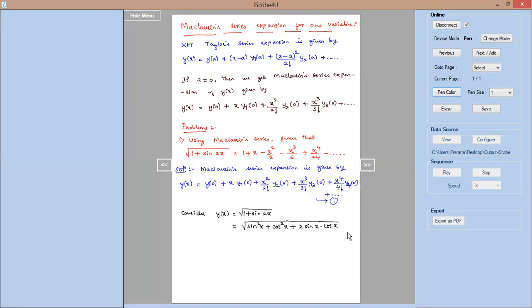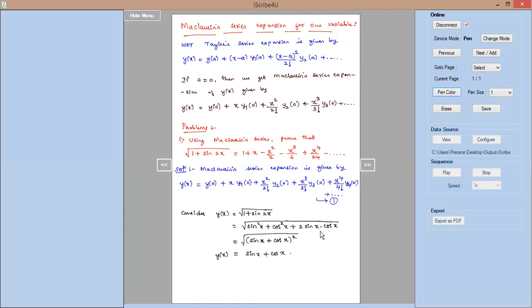So we can use the formula for a square plus b square plus 2ab, which we can write as a plus b the whole square. So sine x plus cos x the whole square is under the root, so the square root and the square get cancelled. We have the simplified expression for y of x as sine x plus cos x.